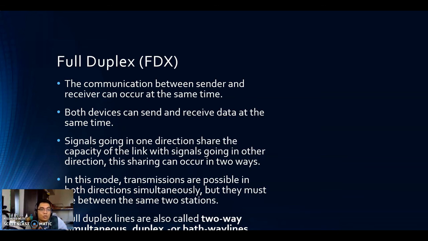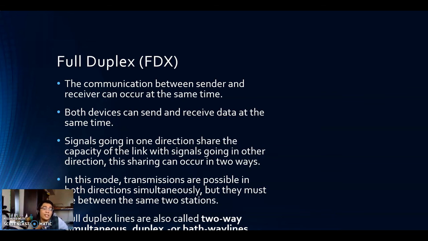Another type is the full duplex or FDX. In FDX, the communication between sender and receiver can occur at the same time, unlike HDX. Both devices or stations can send and receive data at the same time. Signals going in one direction share the capacity of the link with signals going in the other direction, and this sharing can occur in two ways.